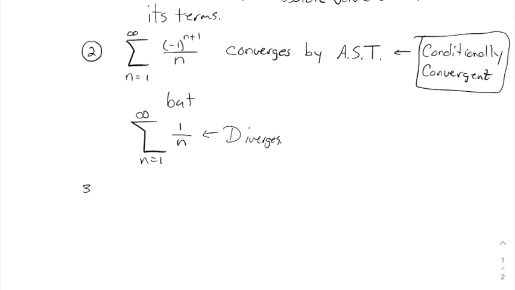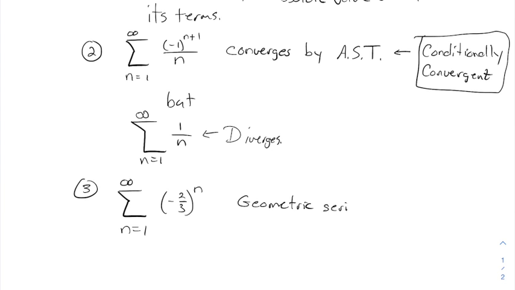Let's look at another example. Let's look at this series. Let's say we have negative 2/3 raised to the n power. This is a geometric series. r in this case is negative 2/3.